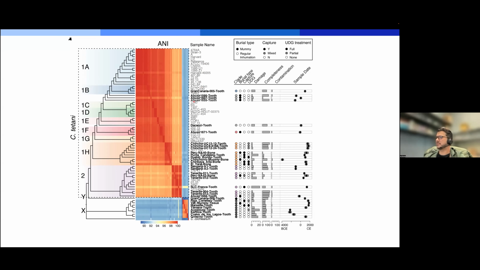We find several new genomes within clade 1, and quite a few genomes within clade 2 as well.